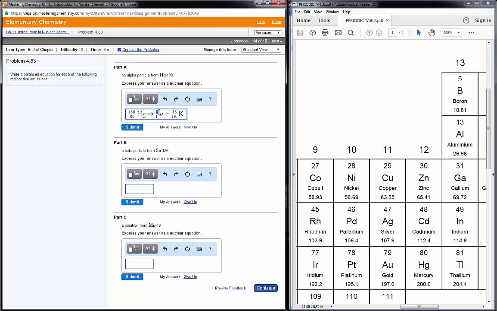All right, and if I did an alpha particle, then this is actually 4 2 He. It's a helium nucleus. And 180 equals 4 plus 176. And 80 equals 2 plus 78. And element number 78 was platinum.